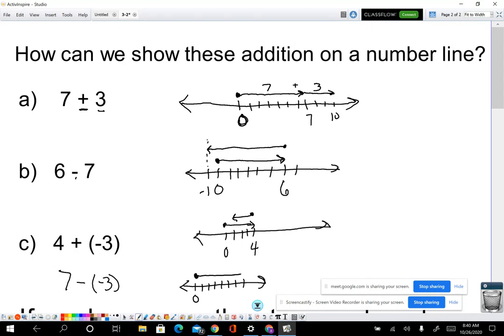So 7 units to the right. We're subtracting, so we would be going back this way, but we're subtracting the opposite of 3, so we're actually adding 3 on. And we show it as that to get to the 10.